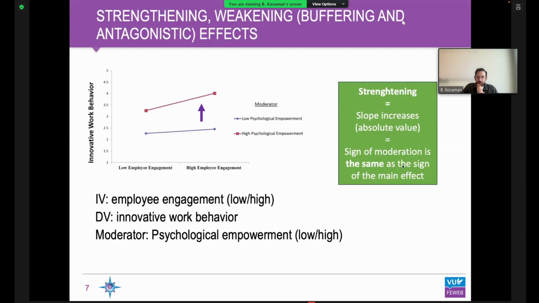This would be the same if you had a negative main effect. If you had a negative main effect like this and this, we would again talk about the strengthening effect. So if the sign of the moderation is the same as the sign of the main effect, then we talk about the strengthening effect. Yes, this is indeed an example of strengthening effect.